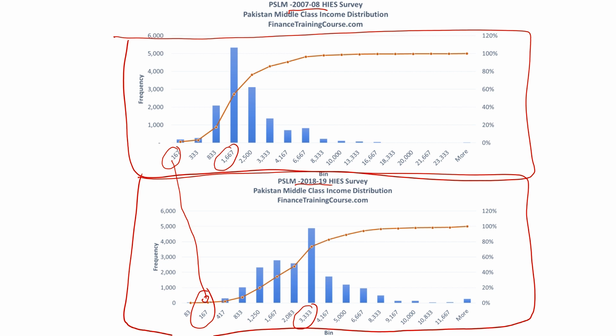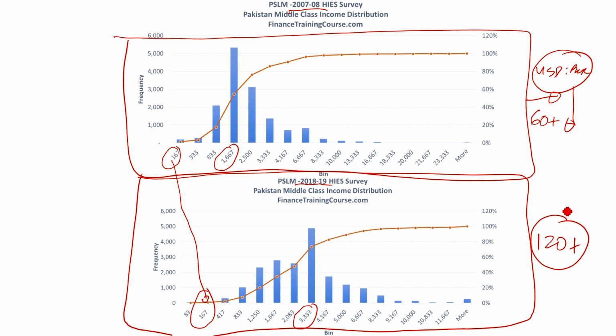$3,300. And remember, the relevant exchange rate at which you would convert PKR income into USD was maybe 60 plus. Here in 18-19, it's likely to be about 120 plus. So this is the USD PKR exchange rate that was used to convert and plot this data set into USD terms, and this is the rate used for this specific presentation.